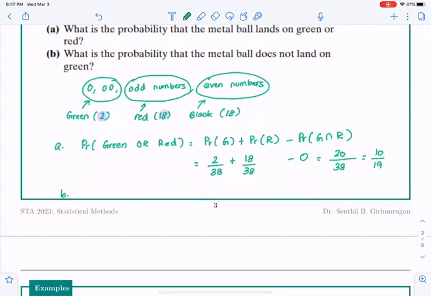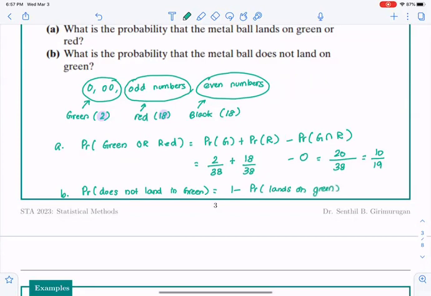Part B, the probability it does not land in green. So does not land in green means it is going to land in red or black. So we can make use of the complementary rule, and we could say this is equal to 1 minus the probability of landing on green.